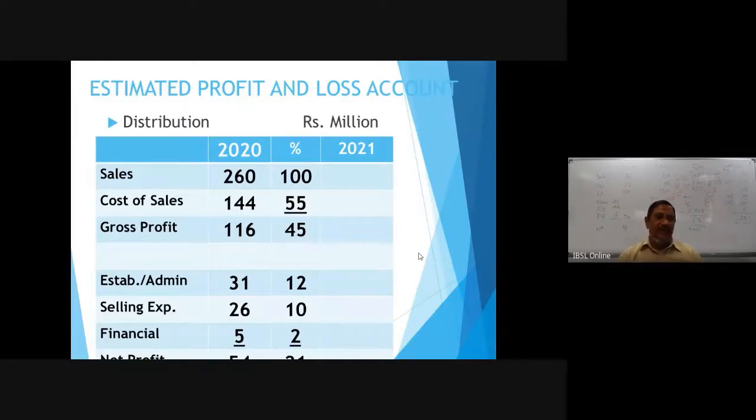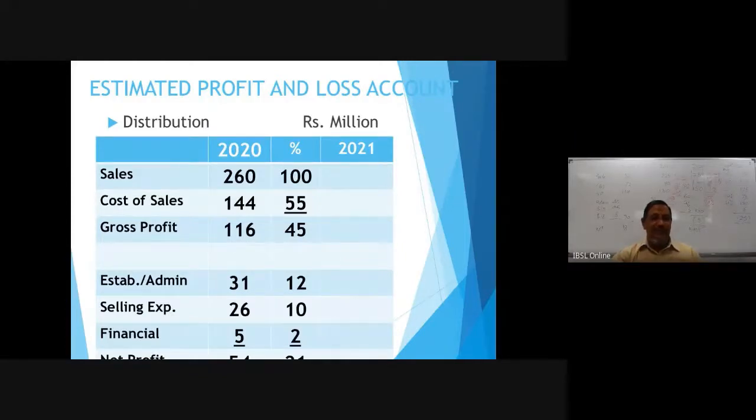If you work out percentage-wise, if the sales is 100, COGS is 55%. Gross profit is 45%. Then established expenses 12%. Selling expenses 10%. Financial expenses 2%.